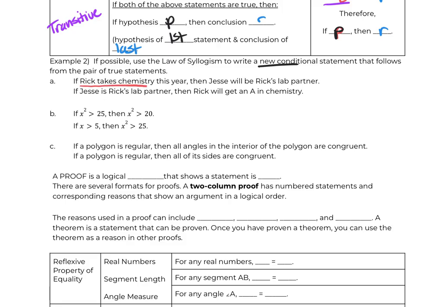If Rick takes chemistry this year, then Jesse will be Rick's lab partner. If Jesse is Rick's lab partner, then Rick will get an A. So you can kind of see how I'm eliminating that middle part that's repeated, Jesse will be Rick's lab partner. So my conclusion is that if Rick takes chemistry, then Rick will get an A.